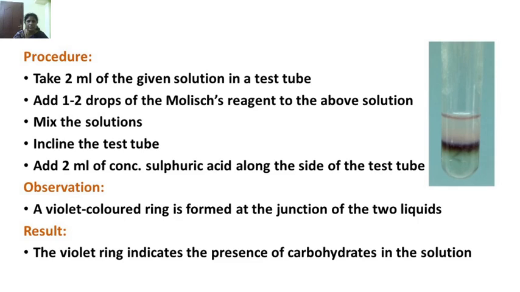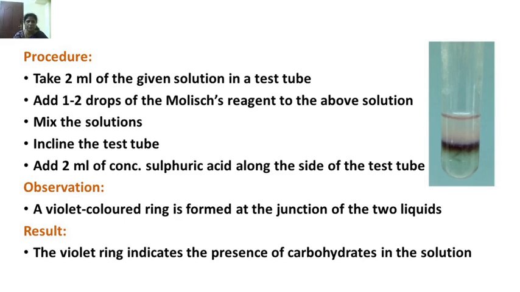And the procedure is, we have to take 2 ml of the given solution in a test tube. That is, the solution to be tested is taken in a test tube. Then add 1 to 2 drops of Molisch reagent to the above solution.